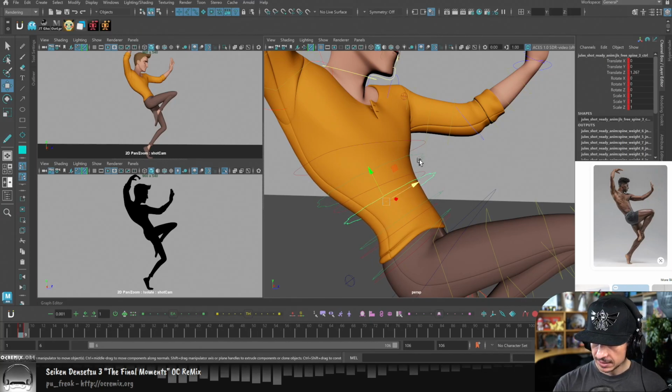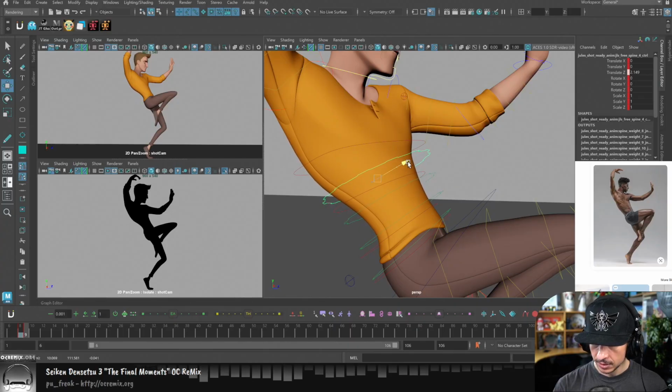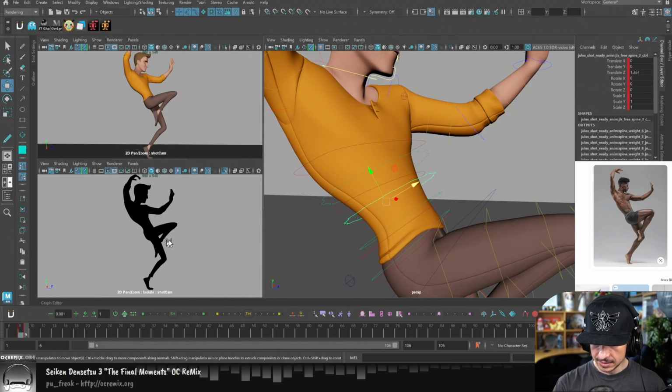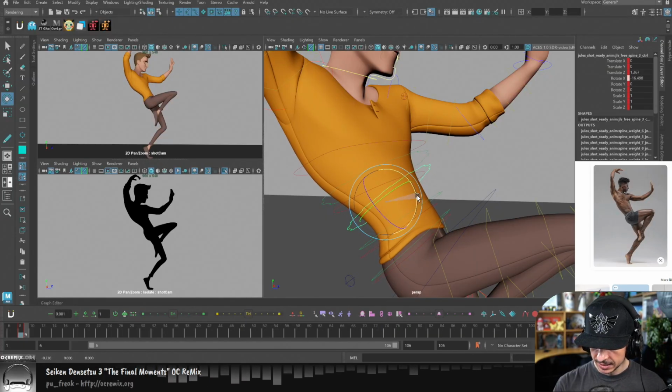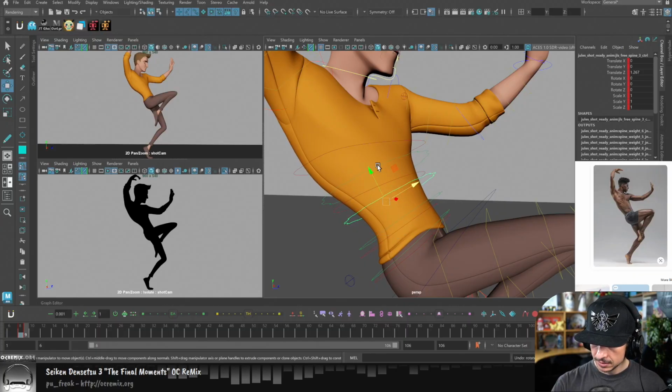This is what's going to allow me to essentially get that nice straight line along the front there that we were seeing in our reference, and get that nice pinch in the body here. Something like that.